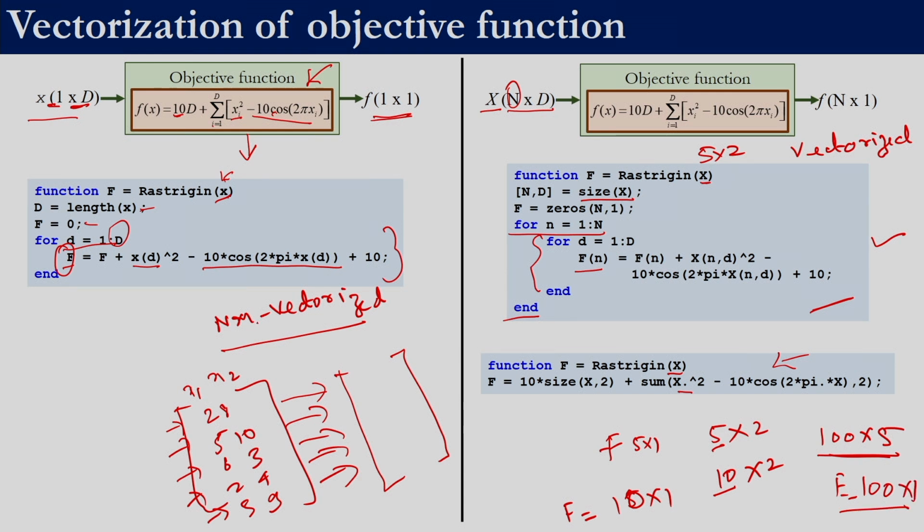So in non-vectorized we can feed in only one solution at a time and get only one scalar value as the fitness function, whereas in a vectorized form we can feed in n solutions and obtain the fitness function of each of them. So this is what vectorization is. If you consider particle swarm optimization, teaching learning based optimization, artificial bee colony optimization, we require only non-vectorized.